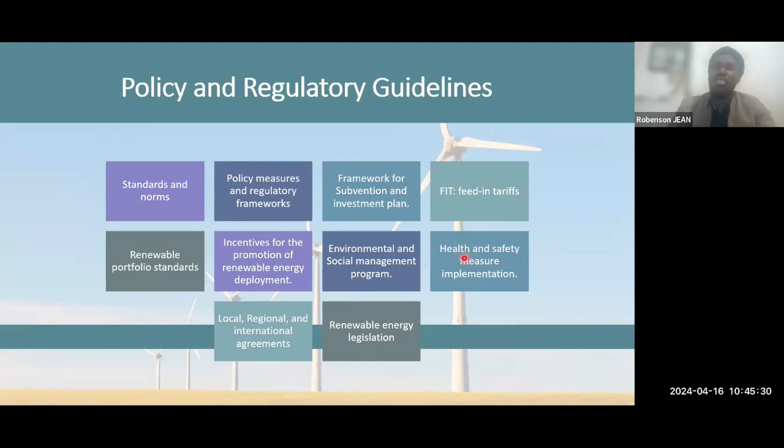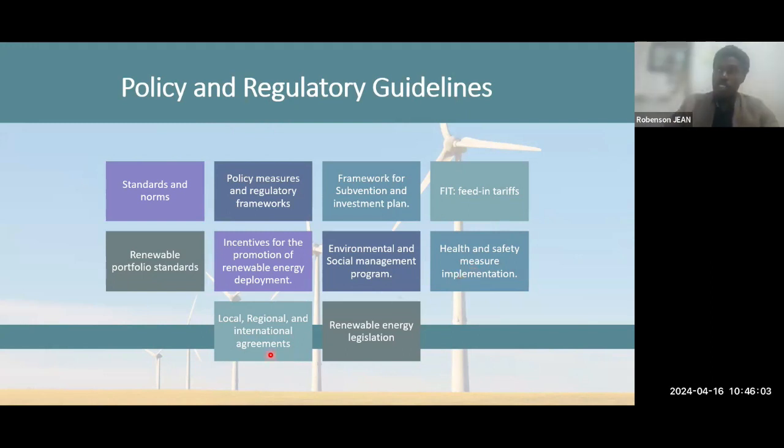Also, we have to consider health and safety measures in the implementation of renewable projects. This is important in whatever the energy project, but we highlight this in renewable energy projects in order to avoid accidents, so that this problem will not be linked to the renewable energy implementation program.